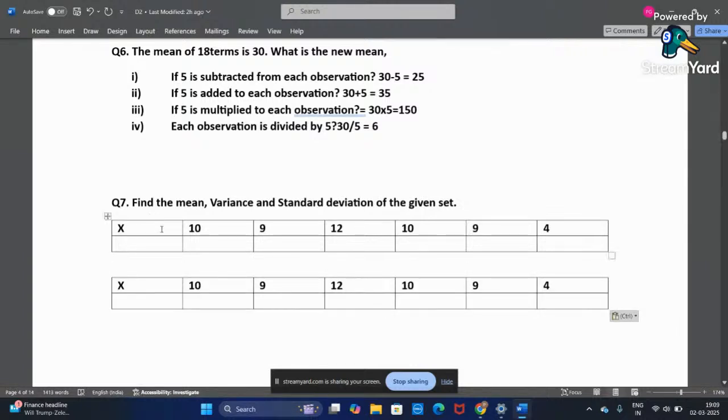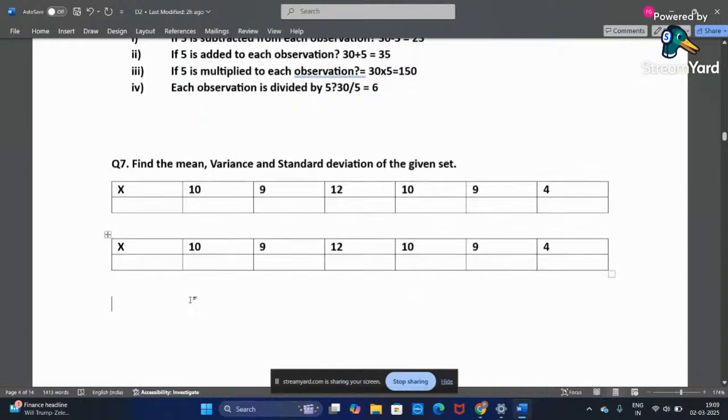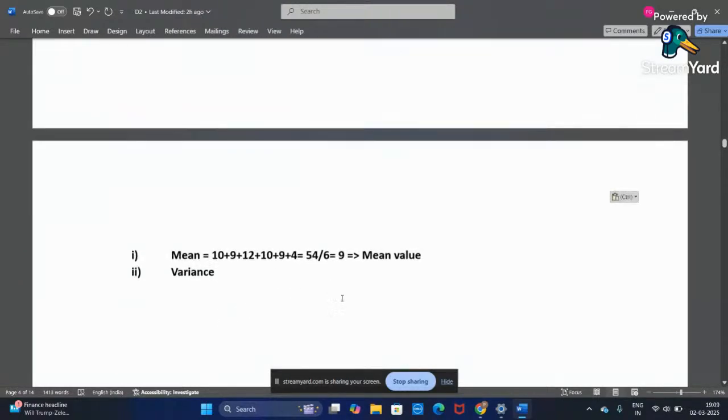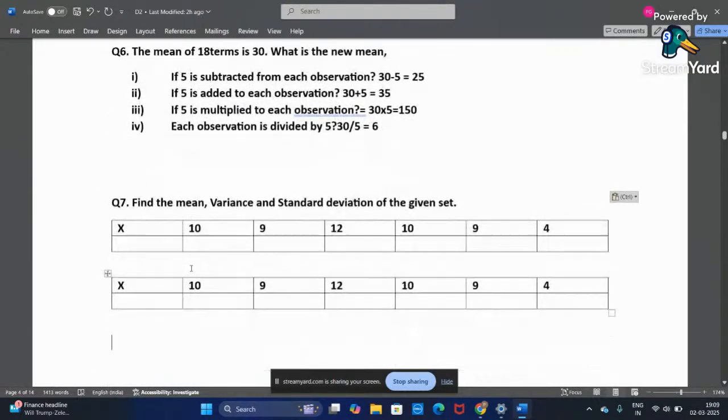What is the mean value here? Mean is, sorry, mean is 9 here. So we have to subtract each number from 9.